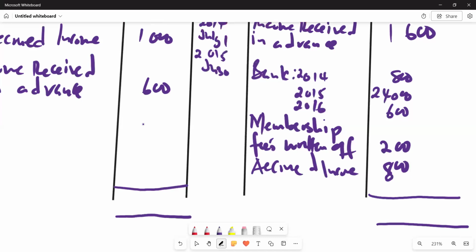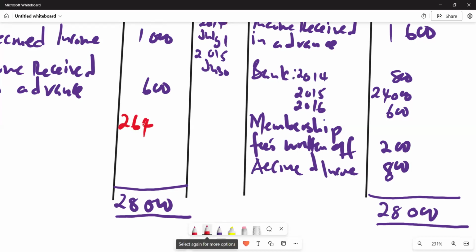So our total of the credit is the greater total with 28,000, and it's supposed to come on both sides in between the double lines. Then if you say 28,000 minus 600 minus 1,000 to get the balancing figure, you get 26,400. And this balance is the one that is supposed to be transferred to the income and expenditure account.